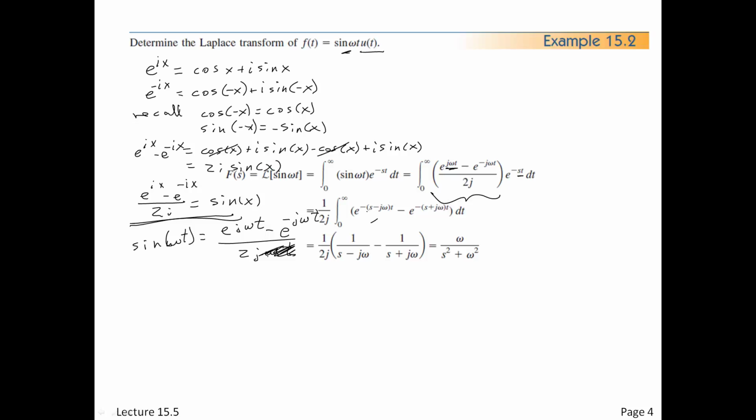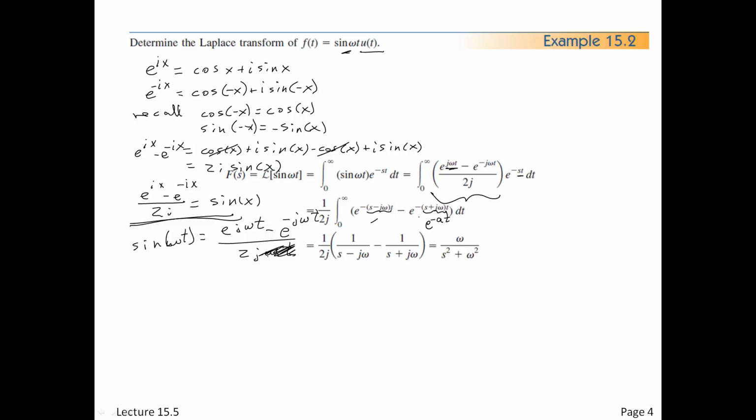And you then have a more complex exponential coefficient, the plus and minus j omega, s plus j omega and minus j omega. But this we can handle because that is now just, right, some, call it e to the minus at, right? And we know how to integrate that, dt.